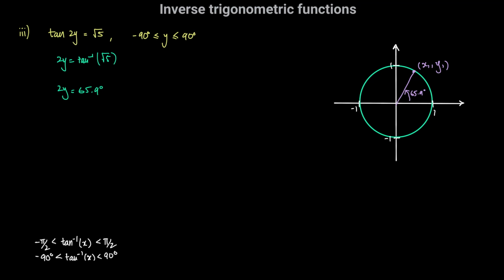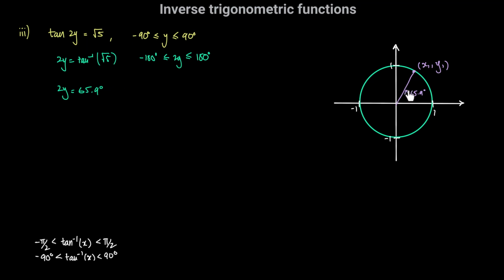The first thing we want to do is, they've told us that y ranges from negative 90 degrees to 90 degrees. So we can say over here that 2y ranges from negative 180 degrees to 180 degrees. All I've done over here is multiply everything by 2. So now, between negative 180 degrees and 180 degrees, one of the values that we get for 2y is 65.9 degrees.